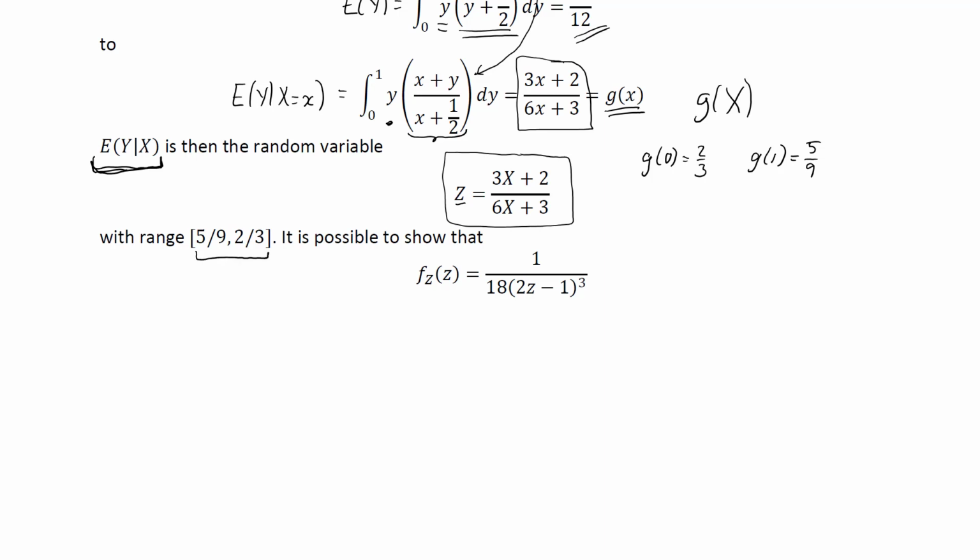There are techniques for figuring out the probability density function of Z when it's given as a function of X and I know the PDF of X. I won't do that in this particular lecture. If you know how to do it, then you will be able to conclude that Z is a random variable with a PDF given by this formula, with the range going from 5 over 9 to 2 over 3.